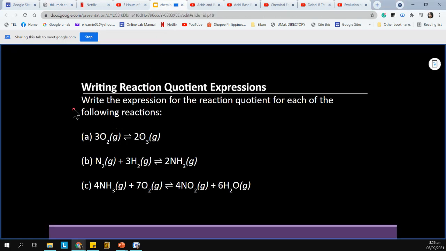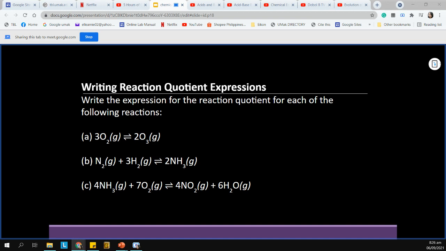So yung una, anyone who'd like to try letter A? Iba naman, Marielle. Ayan po, sana nakikita niyo po yung sulat, pero ano siya, O3, tapos yung exponent niya po, 2 over O2, tapos yung exponent po is 3.